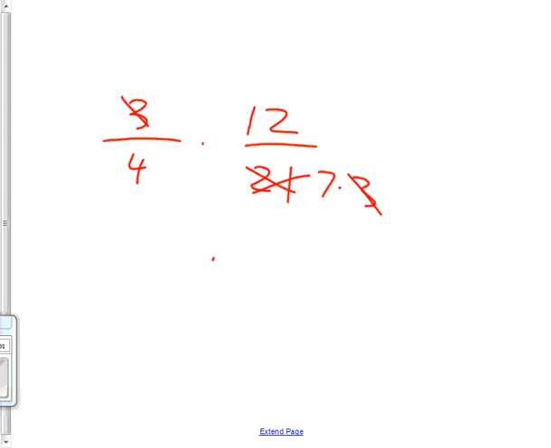Yeah, it's fine to just cross them off. You don't have to replace them with 1's. It makes your paper look all messy. Just know really that there is a 1 going in there. Because if everything cancels, you don't want to think that there's nothing left. There's a 1 there. Okay, and then this 12 could change into 3 times 4, and then why would that be smart? 4 cancels. Bing, bing, final answer, 3/7.